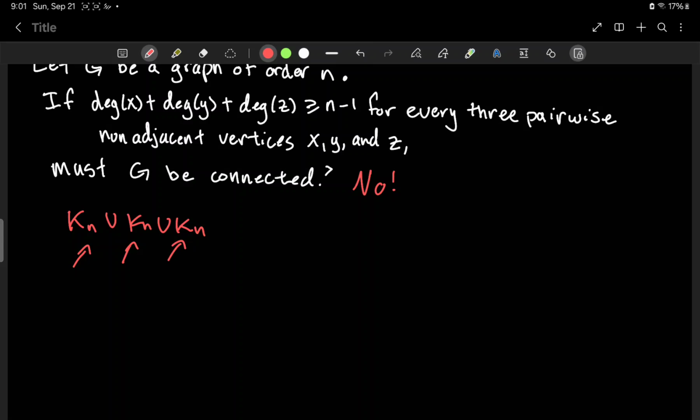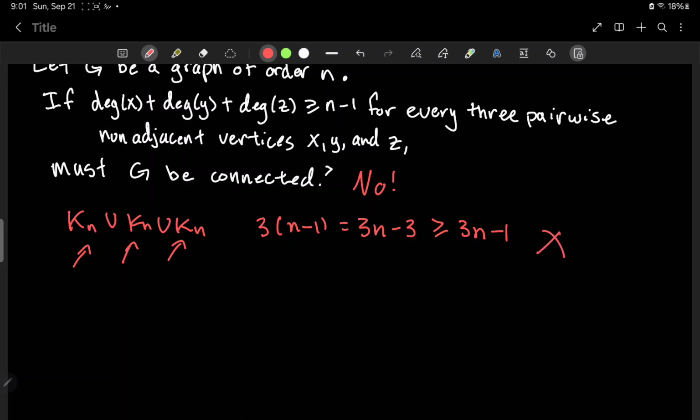So that means I would have a total of 3 times n minus 1, which is 3n minus 3. And the problem says we need one less than the total number of vertices. Well, there's n in each one, so we would want something bigger than 3n minus 1, and that's clearly never going to happen.